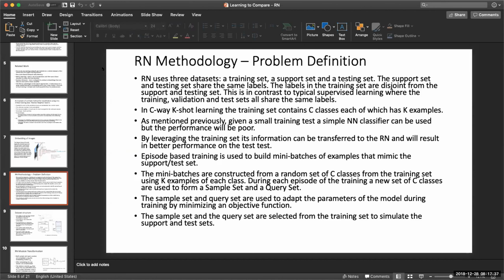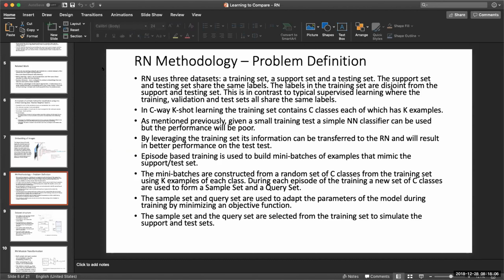The paper defines what they call episode-based training. This is analogous to building mini batches of examples that mimic this support and test set. The mini batches are constructed from a random set of C classes from the training set using K examples of each class.